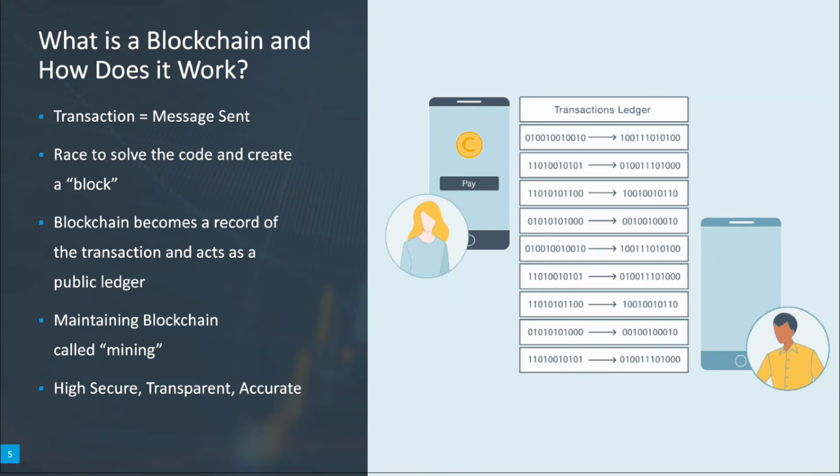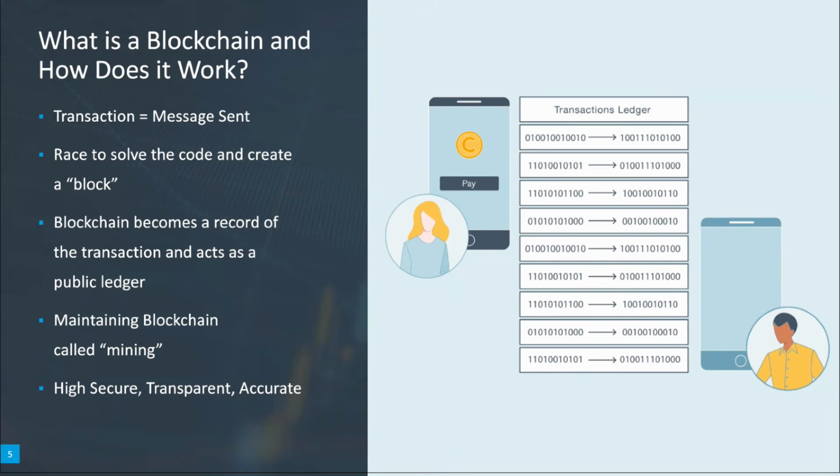Once a block is approved, it becomes a permanent record on this public ledger. Every previous block is also saved in the latest block, hence the term blockchain. It's literally a chain of blocks.